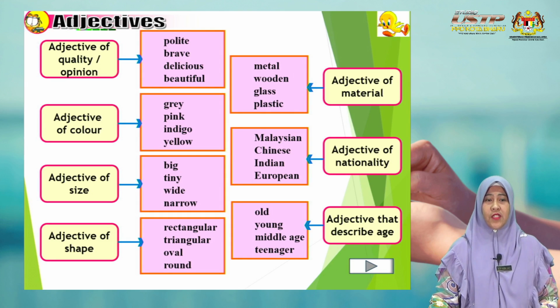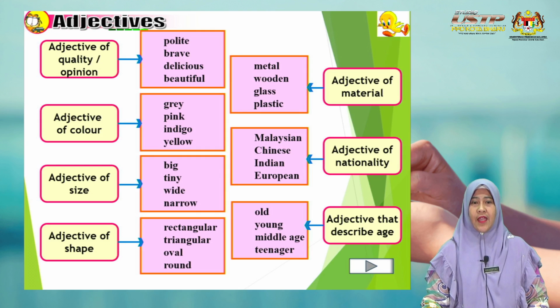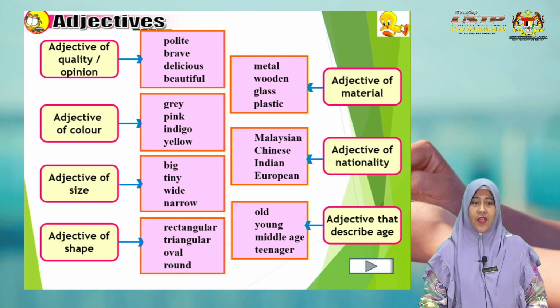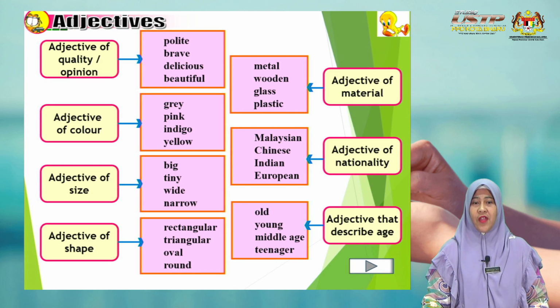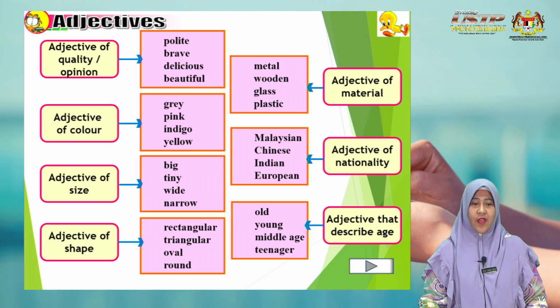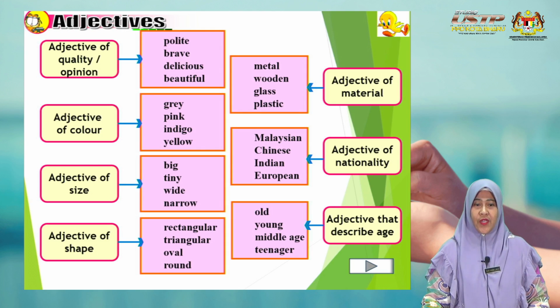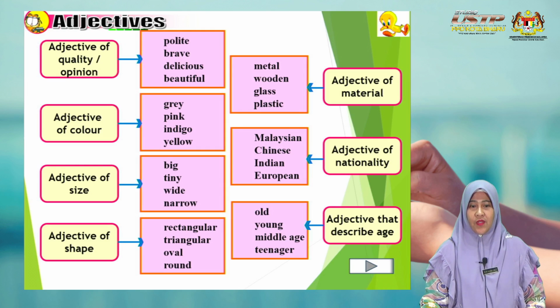Adjective of quality or opinion: polite, brave, delicious, beautiful. Adjective of color: gray, pink, indigo, yellow. Adjective of size: big, tiny, wide, narrow. Adjective of shape: rectangular, triangular, oval, round.